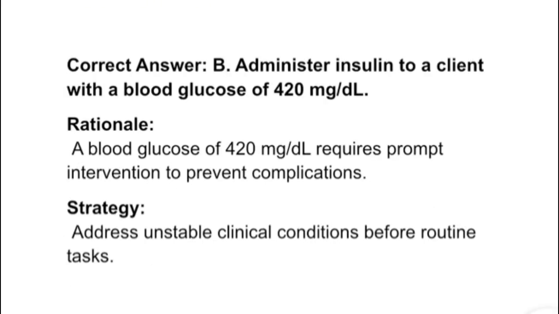Correct answer, B. Administer insulin to a client with a blood glucose of 420 mg per deciliter. Rationale. A blood glucose of 420 mg per deciliter requires prompt intervention to prevent complications. Strategy. Address unstable clinical conditions before routine tasks.